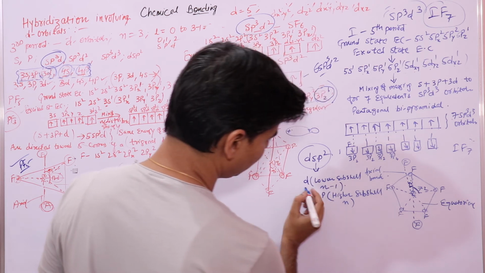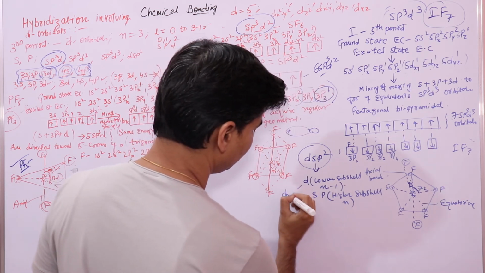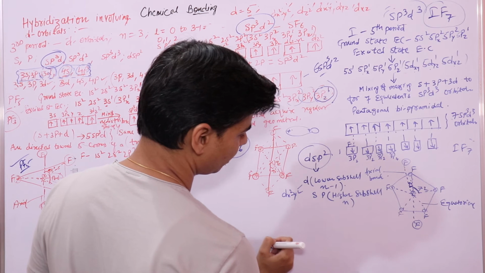So the d orbital involved is dx square minus y square.